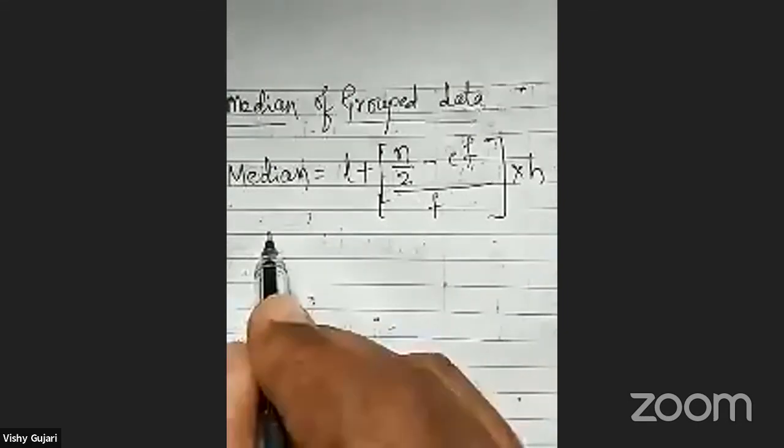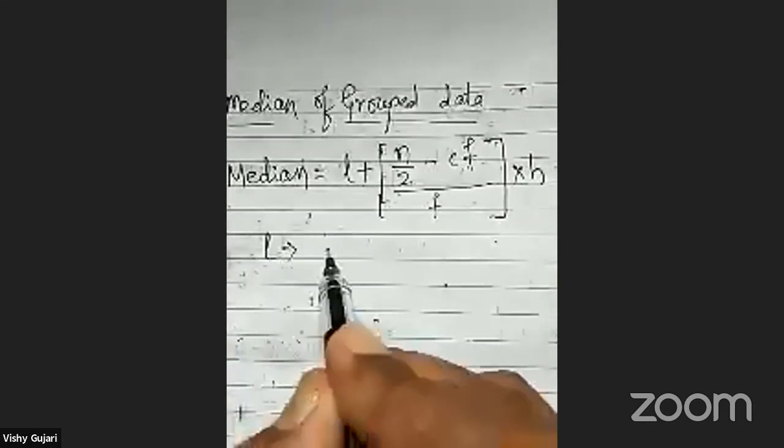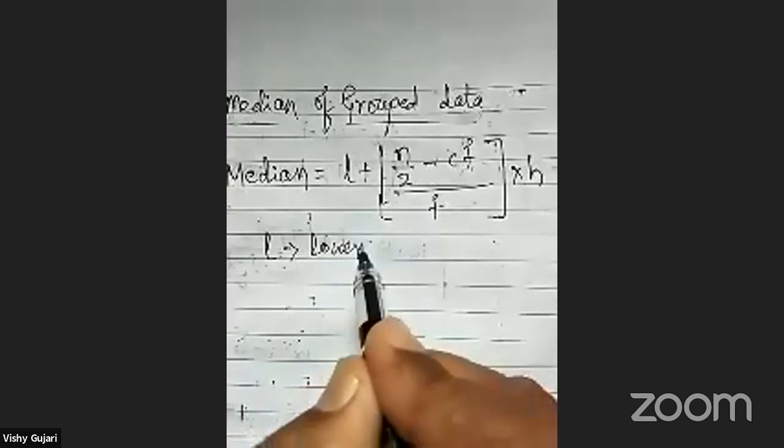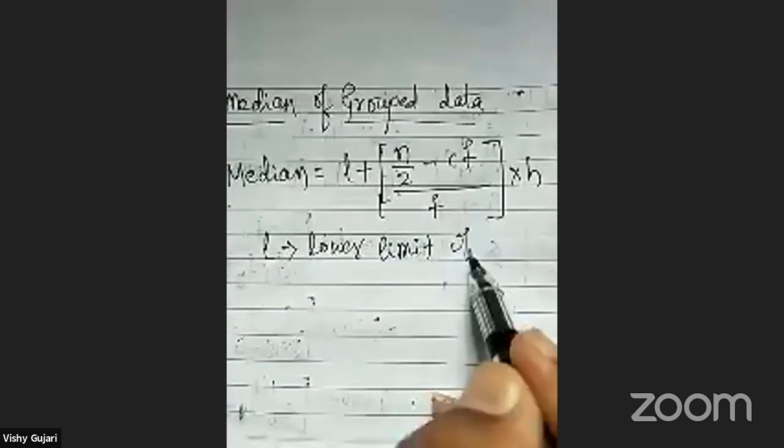Here L means lower limit of the median class.